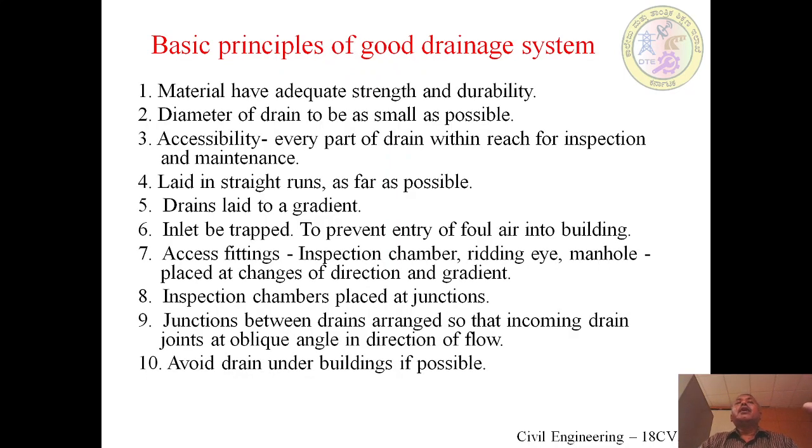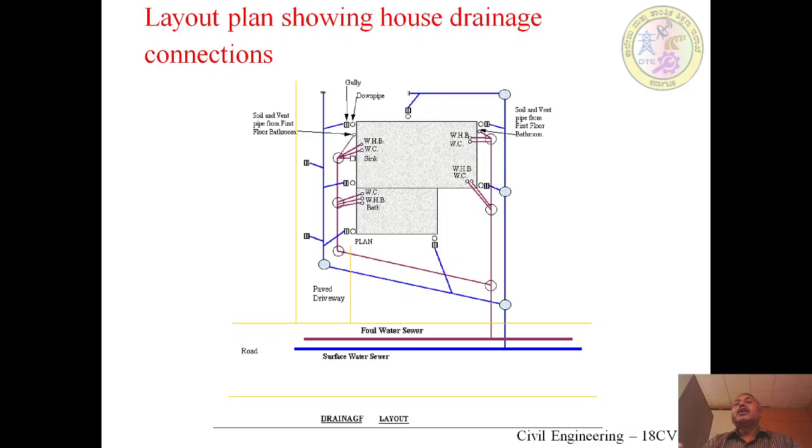Coming to the basic principles of a good house drainage system, I think it will be shown in this figure. I can see the diagram of how the water supply line and the sanitary line have been arranged from bathrooms, kitchen and water closets, and also wash basins. The blue line represents the surface water, and the brown line represents the foul water.